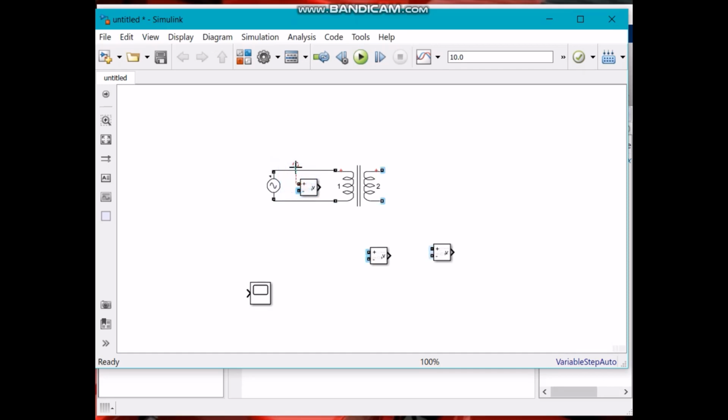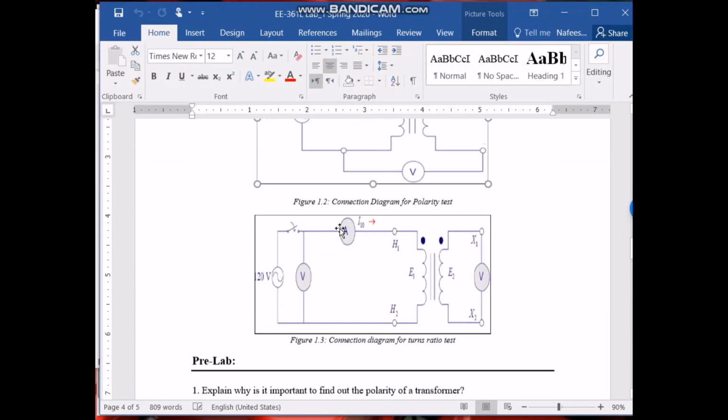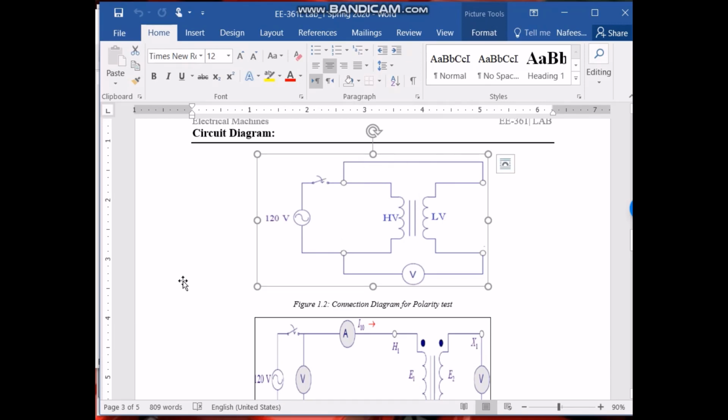This will measure the voltage of primary side or high voltage side, and this. Okay, so we have to short out the primary and secondary side. So this is it. We shorted out the primary and secondary just like this.